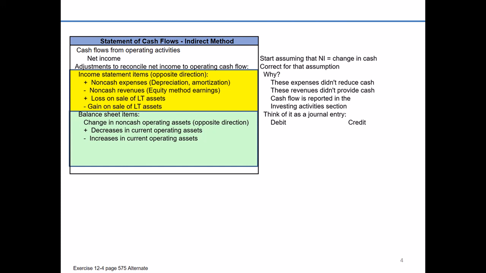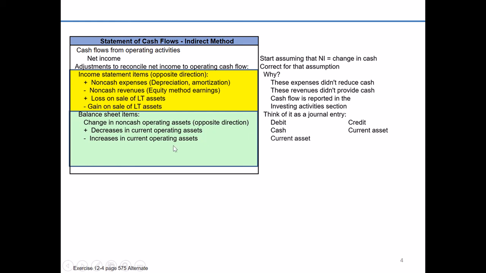That would be a logical reason why accounts receivable would decrease. Well, if customers are paying, we're crediting the current asset, in this situation accounts receivable, and debiting cash. So that seems to imply that if we have a decrease in a current asset like accounts receivable, we would increase or debit cash. Seems logical.